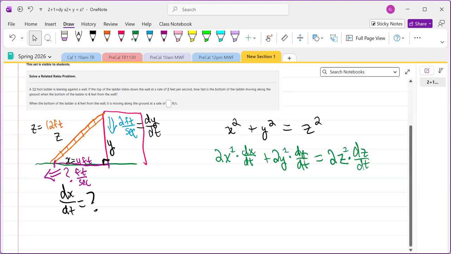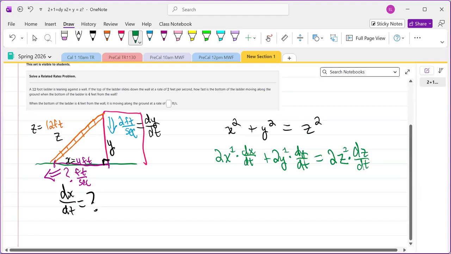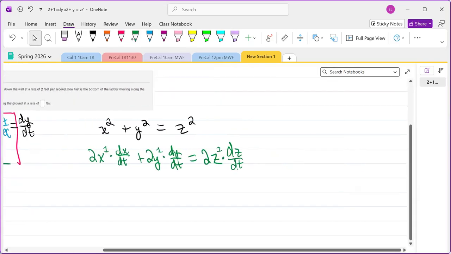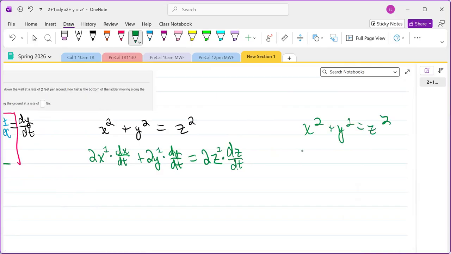All right, so I know my x and my z in my snapshot time frame, but I can use my original Pythagorean theorem formula to solve for the y. I know the 12 and the 4, so I'm going to plug that in there to get the y value. So let's sidebar that. x squared plus y squared equals z squared. x is 4, y is my unknown, z is 12.